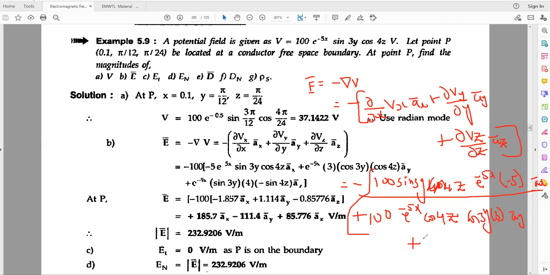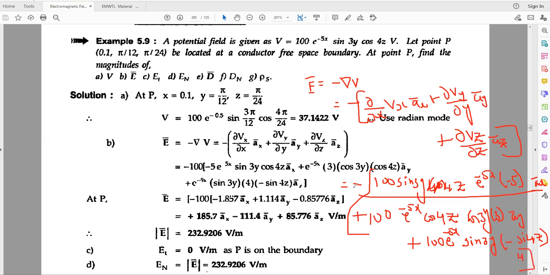Now the Az bar coefficient is 100 into e power minus 5x and sine 3y and cos 4z. The derivative of cos is minus sine, so minus sine 4z into 4.